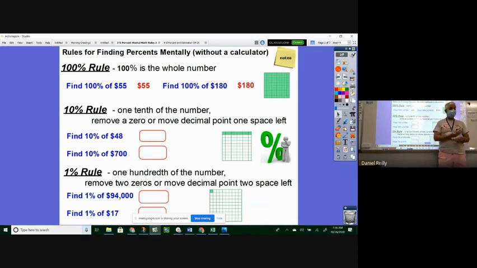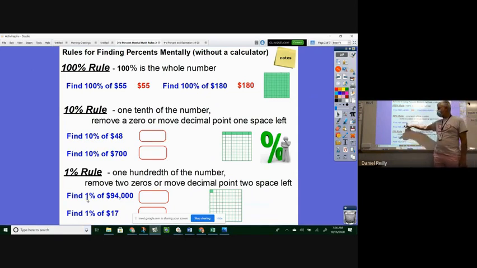Now, the 10% rule. To find 10% of a number, one-tenth of the number, you basically just divide the number by 10. Now, what is the easy way to divide any number by 10? Move the decimal point one place to the left. Or if there's a zero at the end, you can just drop it off.